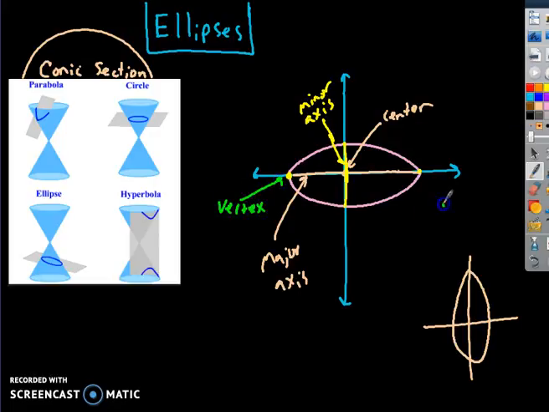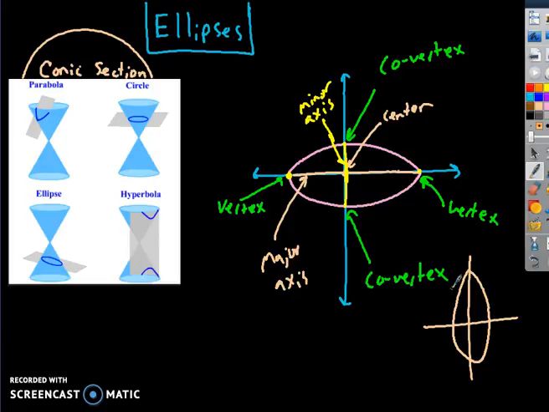One is a vertex, the other is also a vertex; together they are the vertices, and those are the ones that are farther away. The ones that are closer together we call co-vertices, or co-vertex for one. This is a co-vertex.